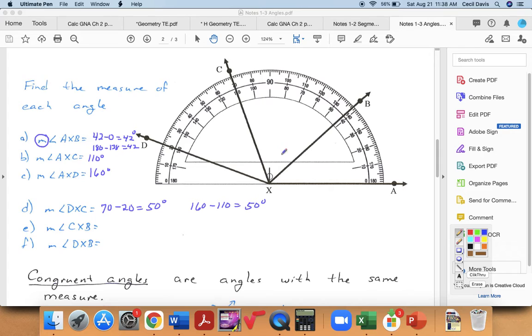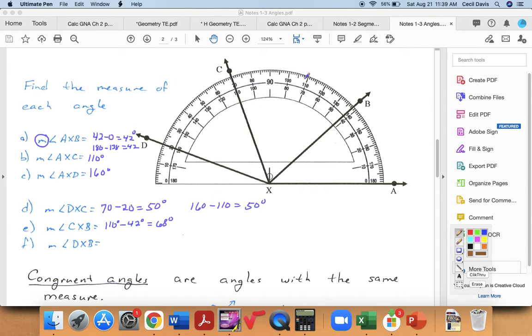So for CXB, I'll show them both. If I use the inside scale, ray XB, this side of the angle, runs through 110. And I have to stay on the inside scale then. This runs through 42. So 110 minus 42, let's see, 110 minus 40 would be 70, so this would be 68.